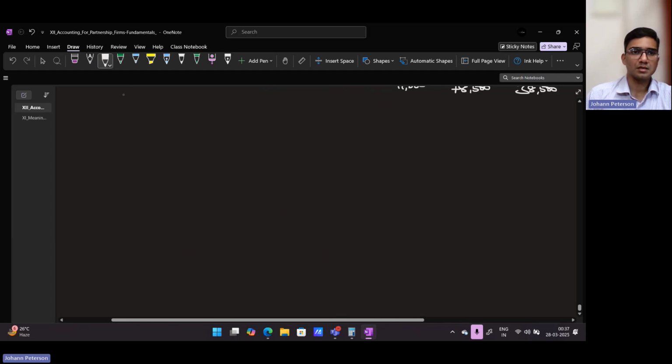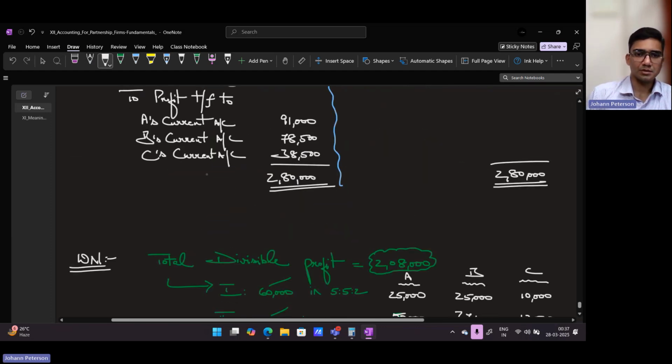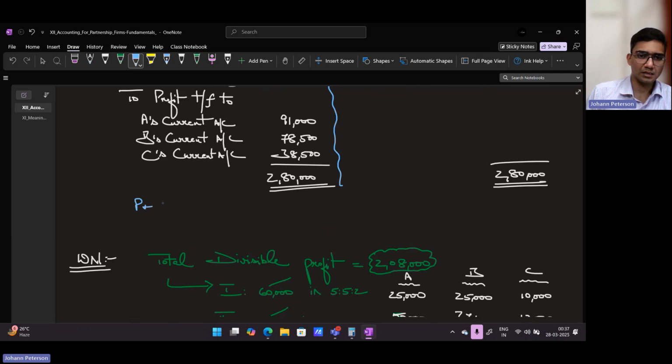So simply, how are we going to? We have to write this in our main solution. So let's write this here just below this. So you're going to write this on the debit side. So P and L appropriation account debit amount was 2 lakh 8. Here there are 3 partners.